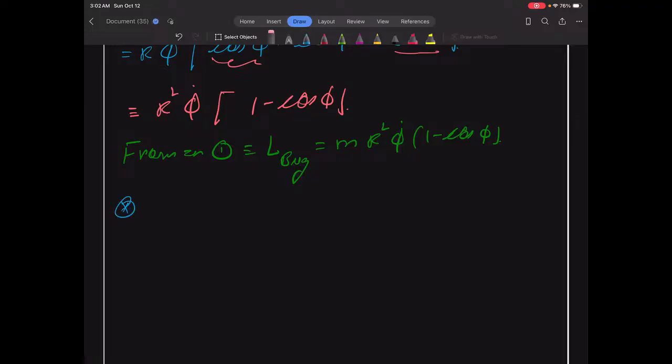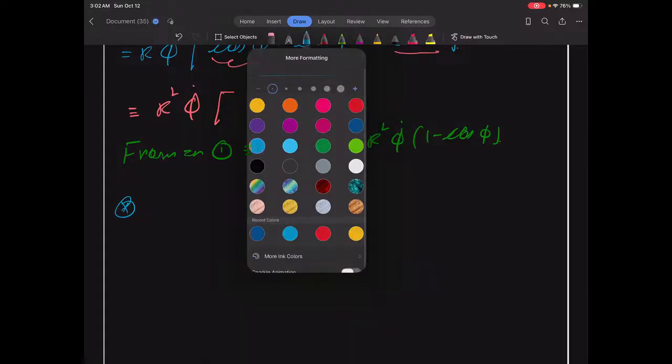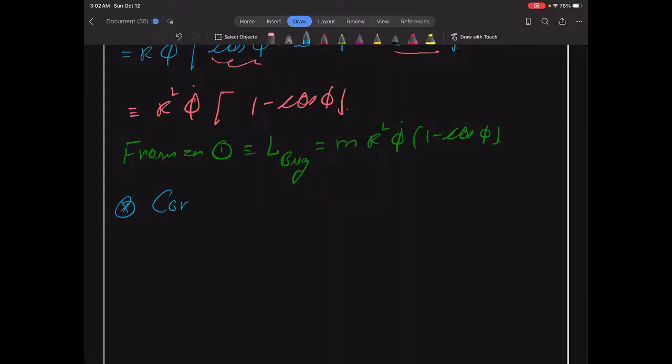So you can say conservation of angular momentum.